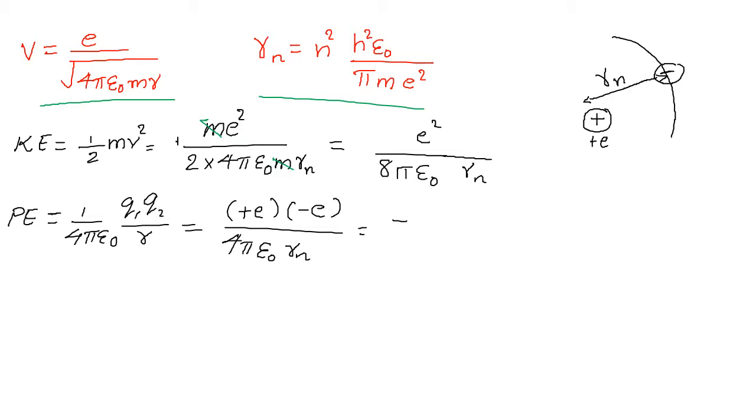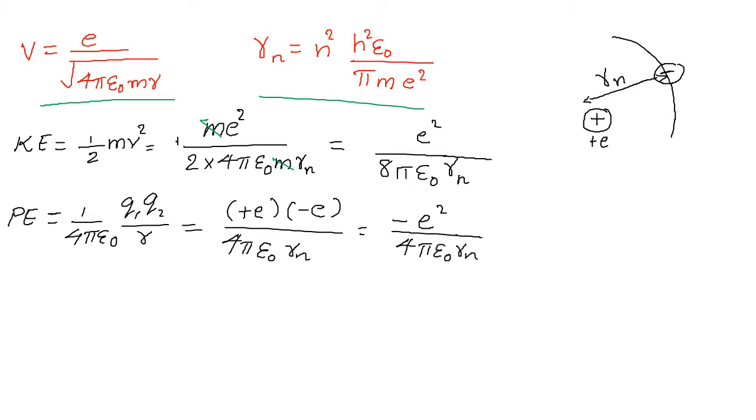Okay, so let me write Rn closer. Okay, right. So this is negative e square divided by 4 pi epsilon 0 Rn.